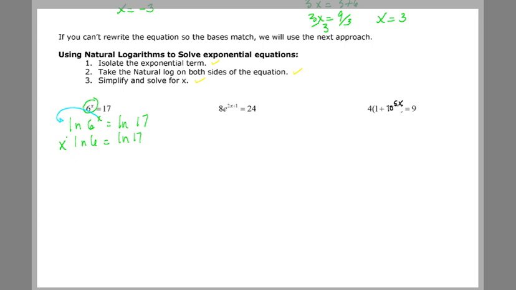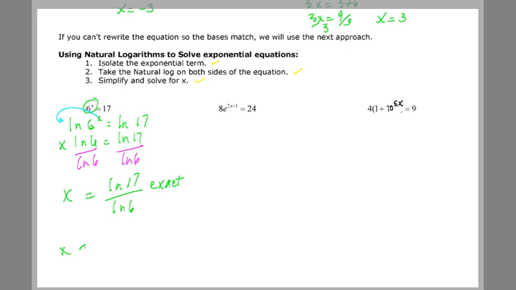So to solve this for x, I just have to divide both sides by ln 6. ln 6 is just a number, and so it's like a coefficient on x. We can divide both sides by it and get an answer of ln 17 over ln 6. And that is what we call the exact answer using logarithms.